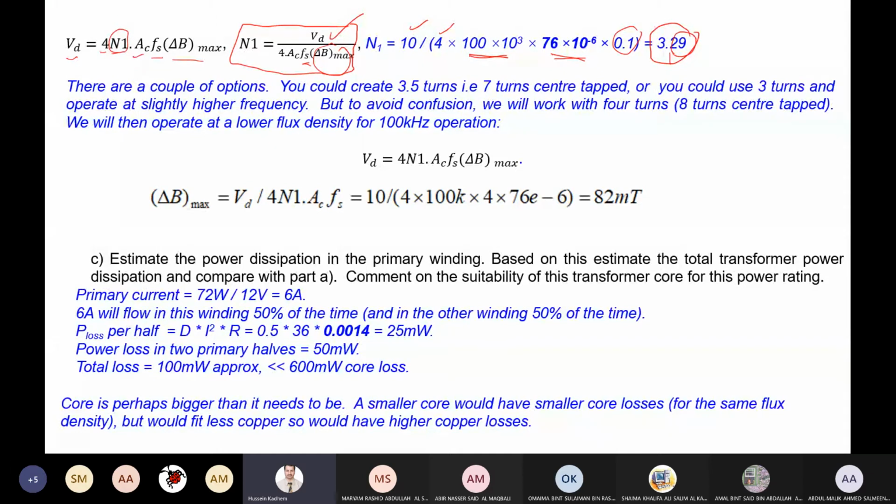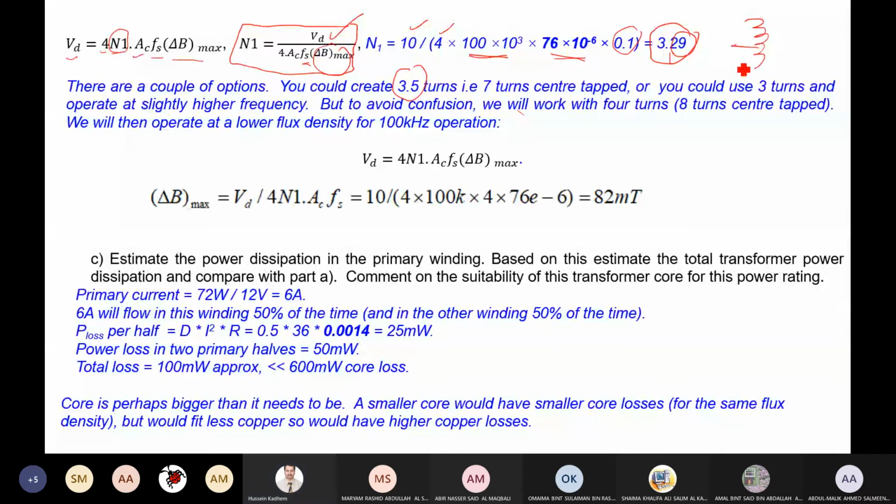Usually we approximate to an integer number. By the way, when I say 3.29, I approximate it to 3.5, because we need an integer number at the end. You remember the push-pull inverter, we have a center tap at the transformer.